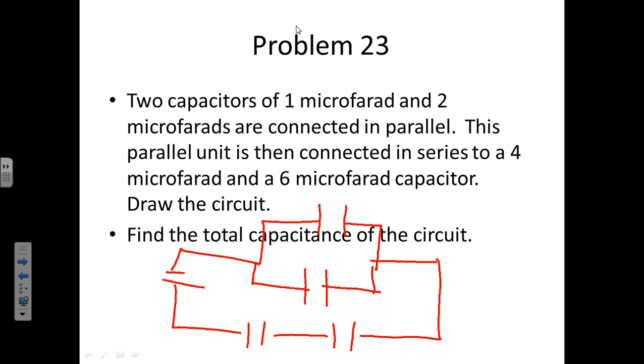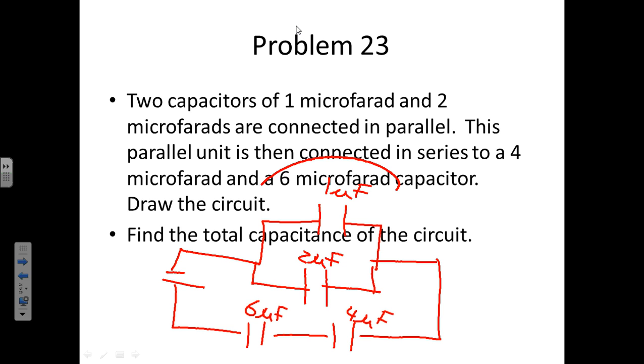Something like that. So one of these is 1 microfarad. One of them is 2 microfarads. And then these other two are 4 and 6. Remember that the rules for capacitors are opposite of the rules for resistors.